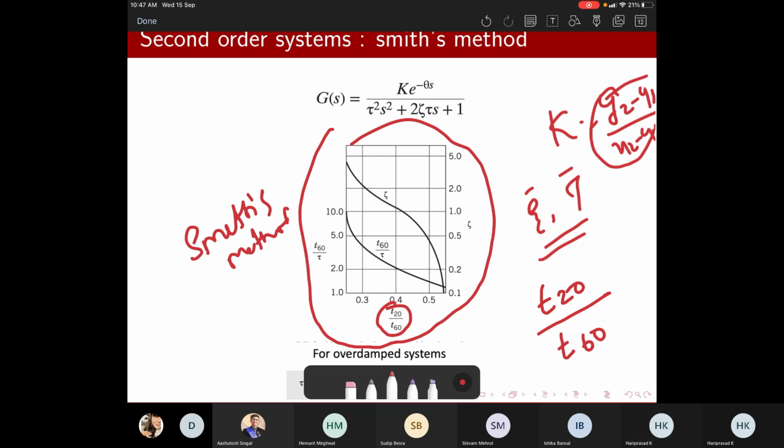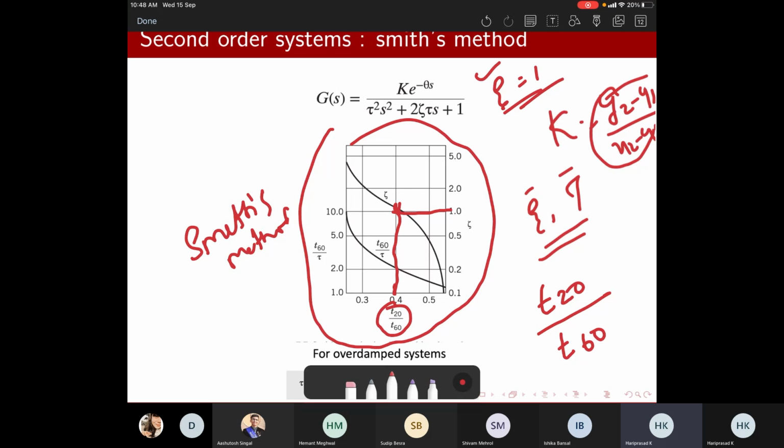To get theta, you just need to draw over here and project over here. If T20 by T60 of that particular process is 0.4, it means that it's mostly a critically damped process. Your zeta is very close to 1.